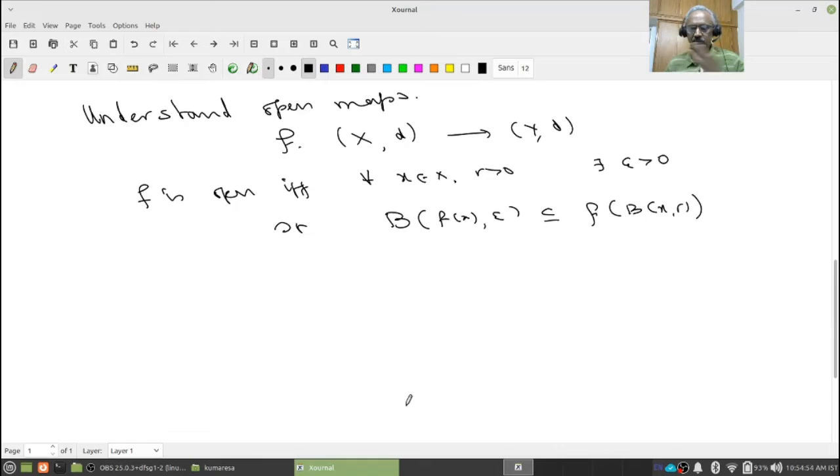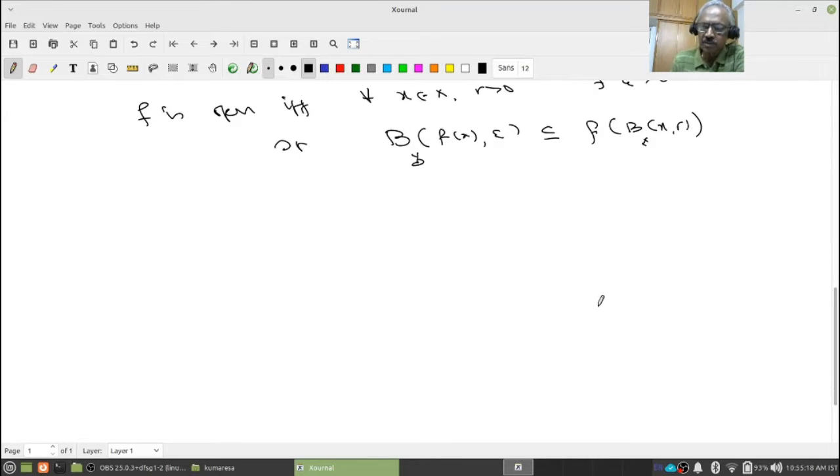There is nothing to it, it's very easy. Do not be intimidated. I do not write subscripts like Y and X here, because it's an open ball in Y, since F(x) lives in Y. Therefore, the ball should be with respect to the metric of Y. Similarly, I don't write d_Y, d_X. The context should make it clear because you and I are intelligent.